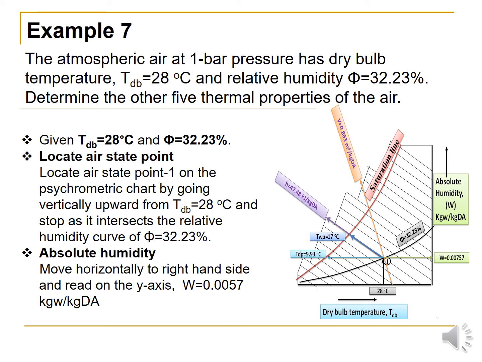Absolute humidity: move horizontally to the right hand side and read on the y-axis, W is equal to 0.0057 kg of water per kg of dry air.